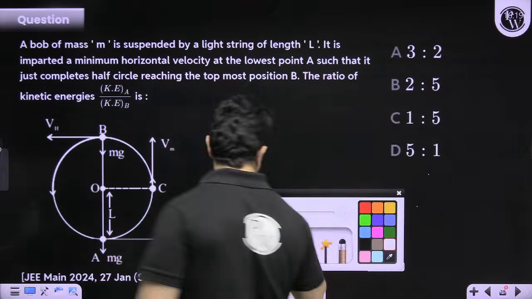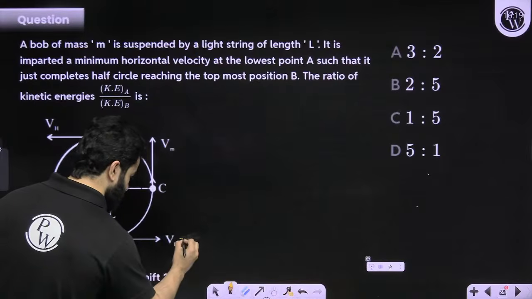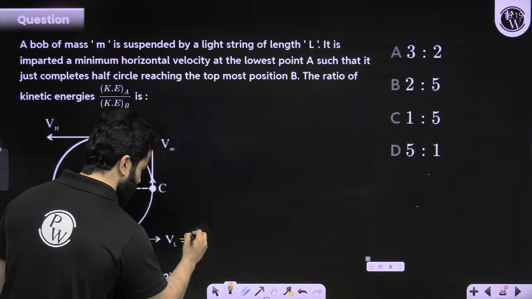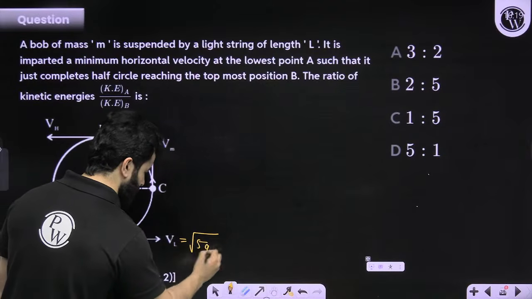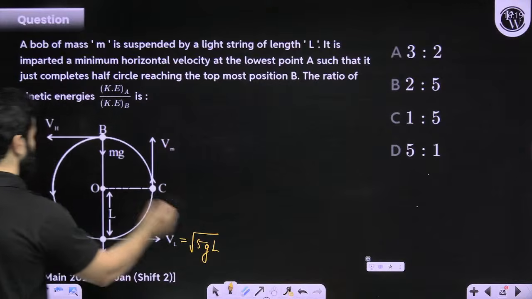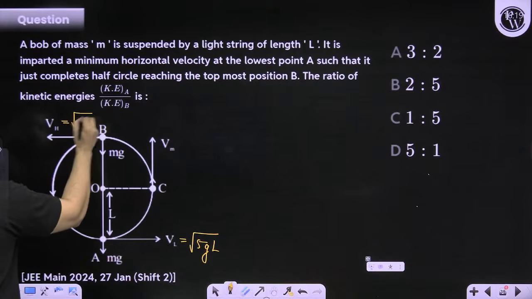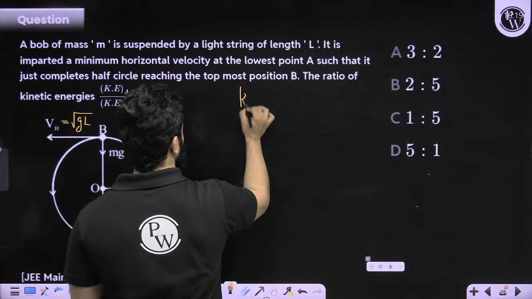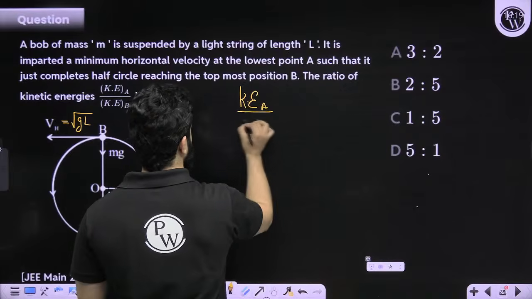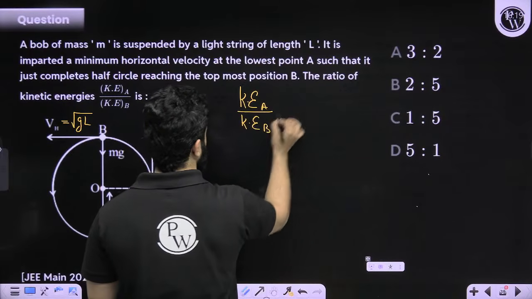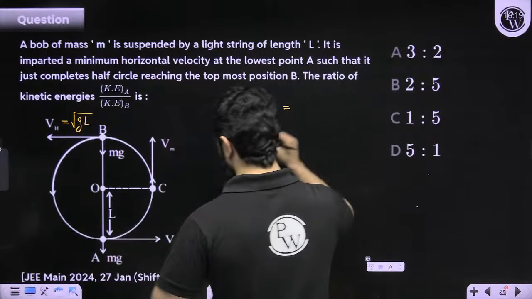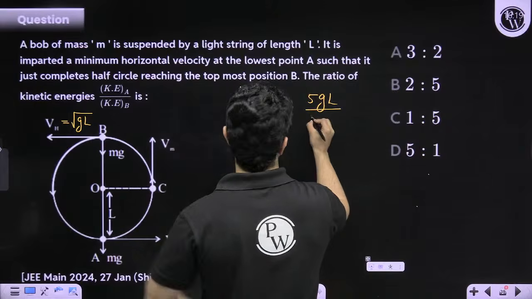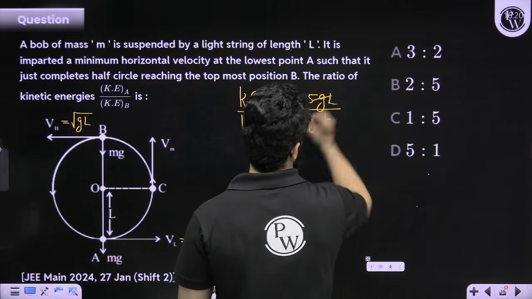See, the minimum velocity that we can actually give this particle so that it completes the vertical circular motion is root 5 GL. And if you give this root 5 GL, it will automatically become root GL at the top. And the ratio of kinetic energy will become VA square upon VB square, that means 5 GL divided by GL, that means 5:1.